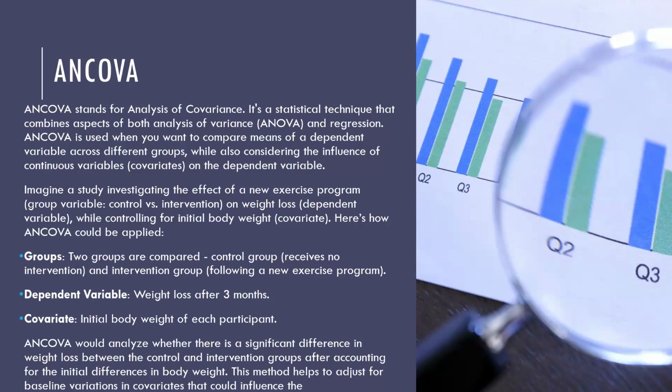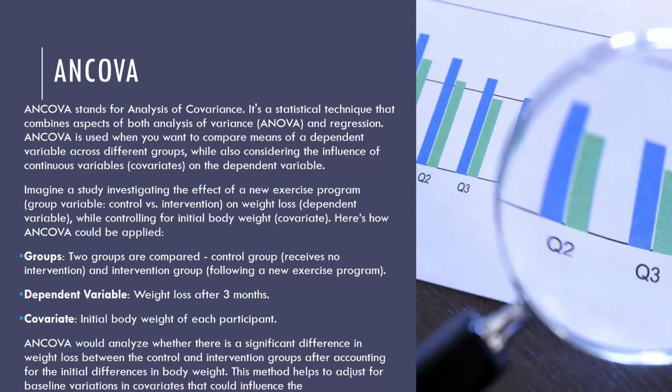So for example, we have two groups here, and we're going to put them into a weight loss program. So the dependent variable is the weight loss. You have a treatment and a control, but you have a covariate here. The covariate is their initial body weight.